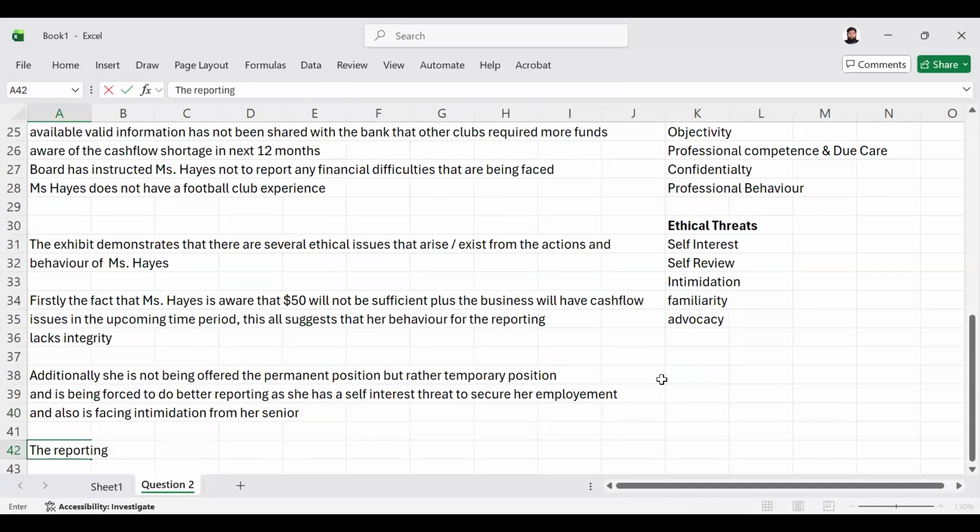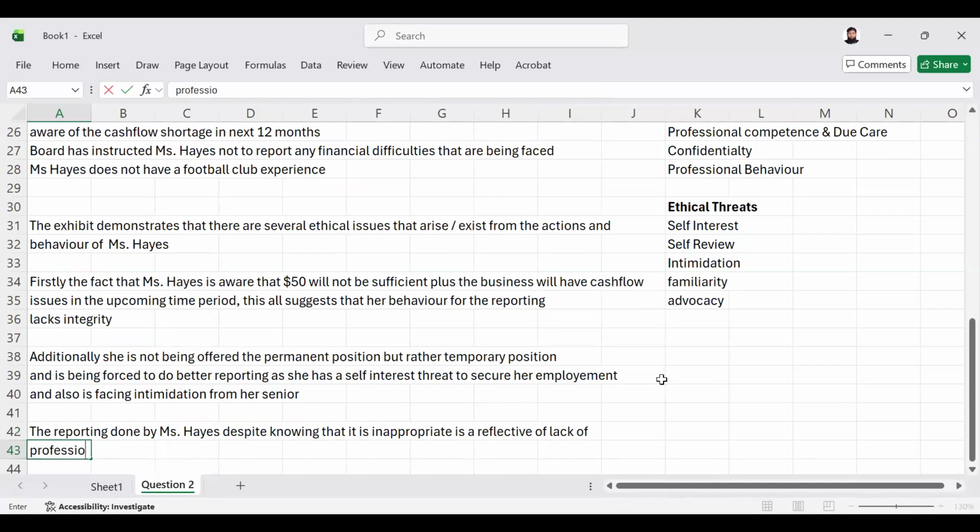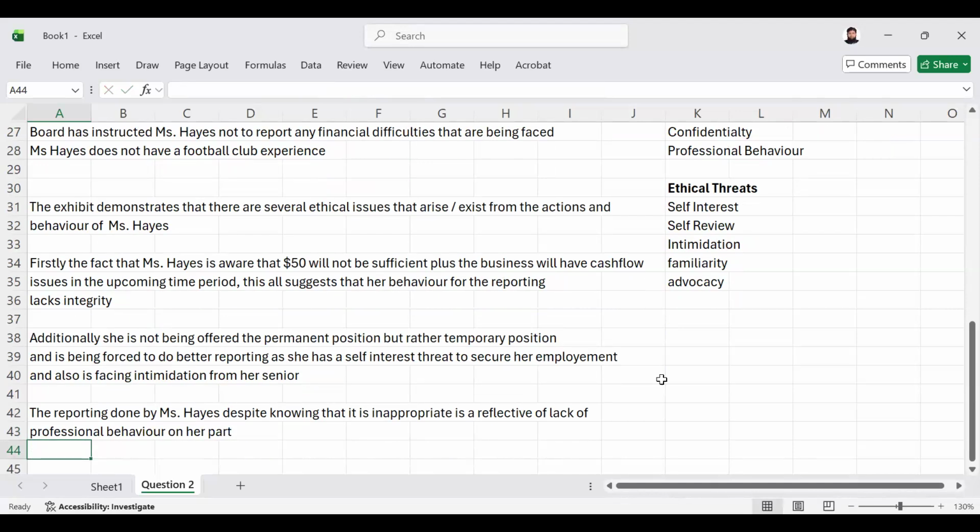The reporting done by Ms. Hayes, despite knowing that it is inappropriate, is reflective of a lack of professional behavior on her part.